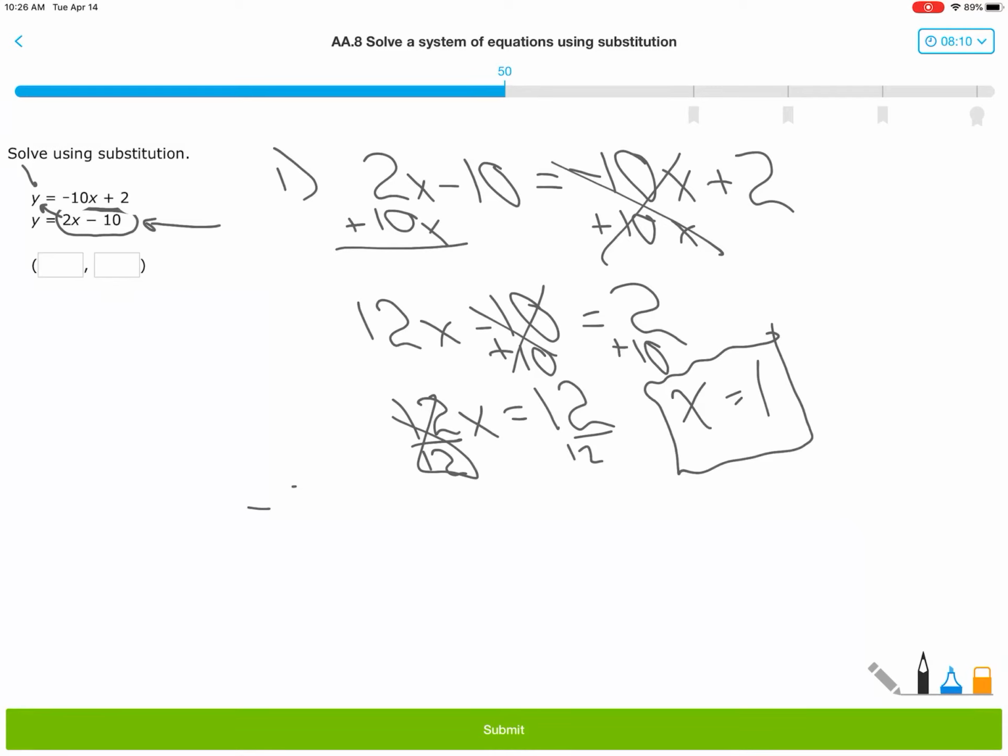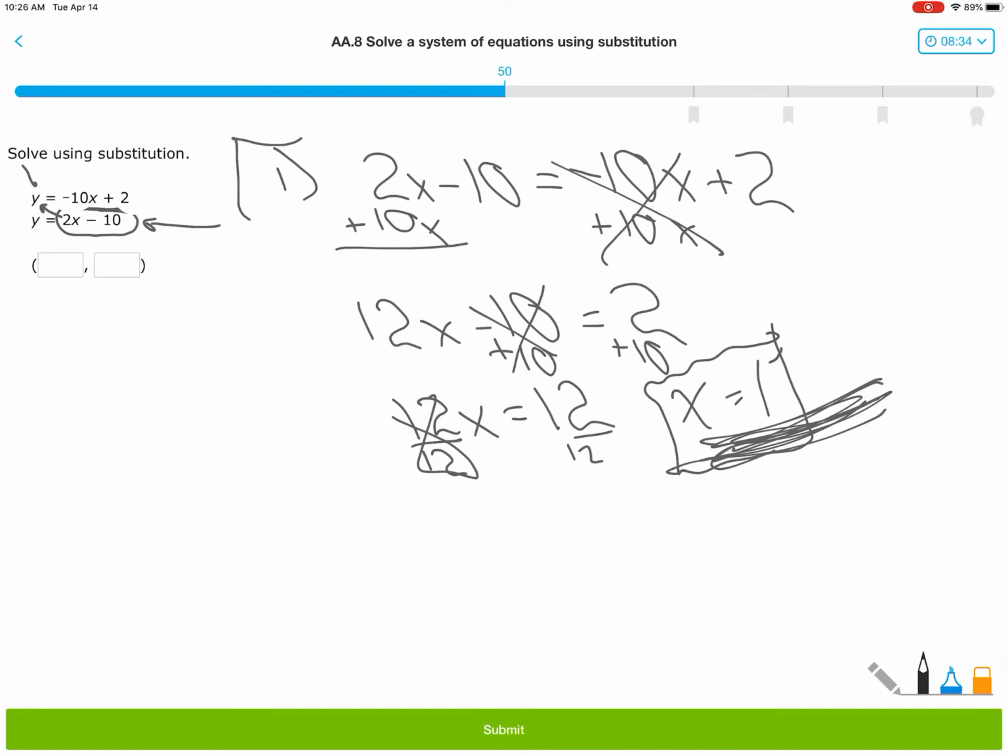Now we got to go through step 2. Step 2, if you remember, says to take your answer from step 1, we got it right here, and put it into the answer from, I'm sorry, we did step 2. This is step 2.